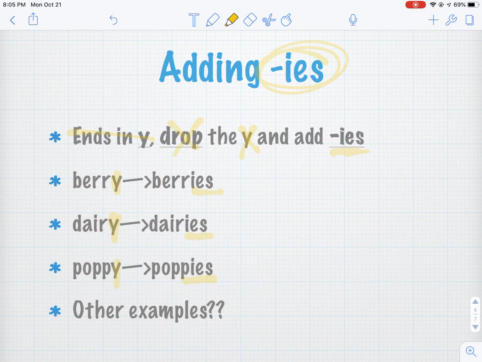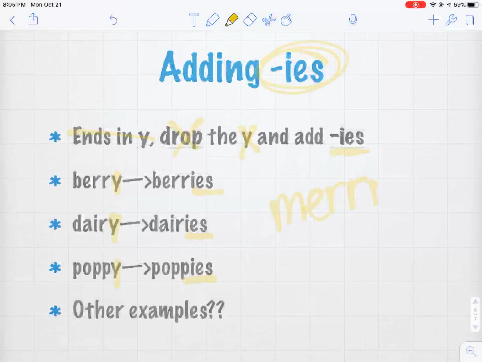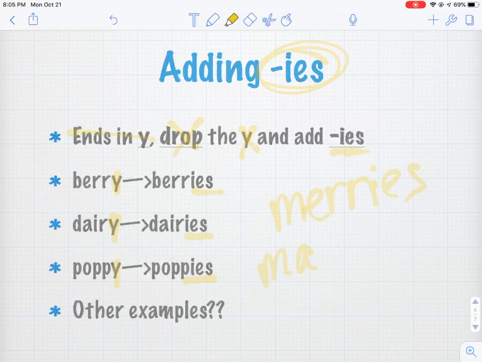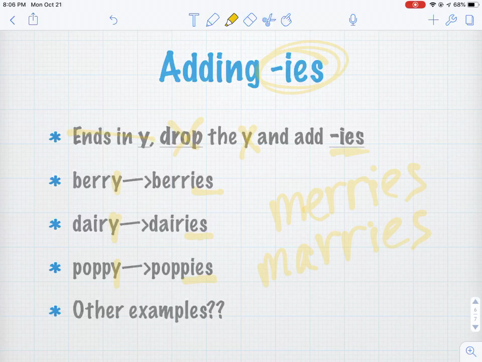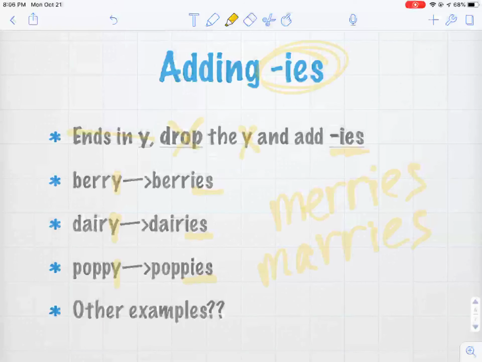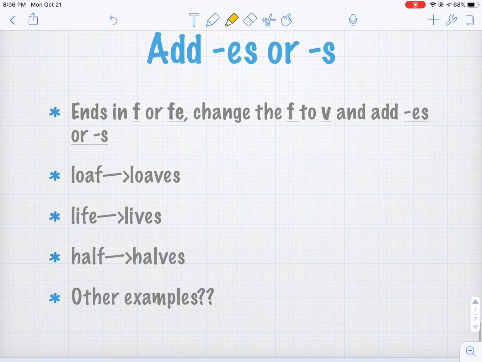Can you think in your head of a couple more examples? That's all I can think of off the top of my head. But if it ends in a Y, you drop the Y and add IES.